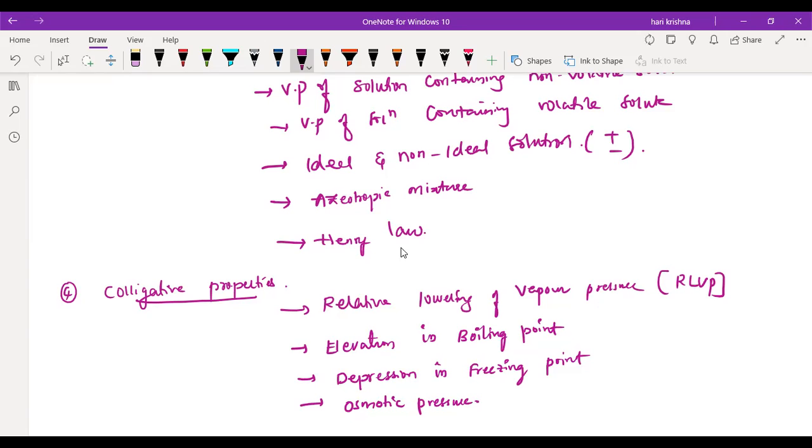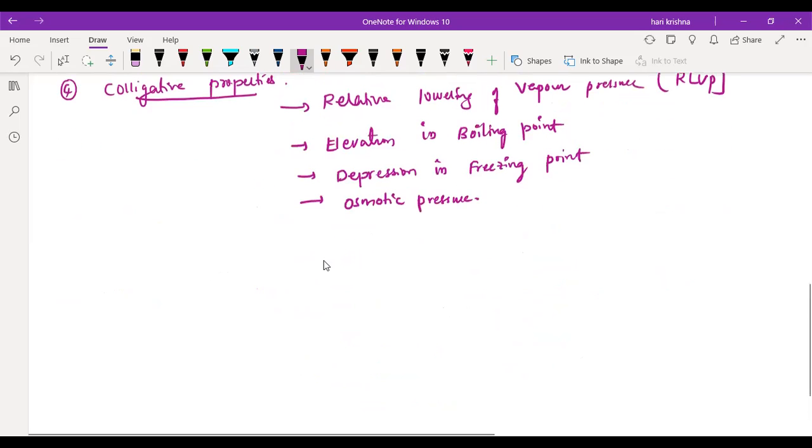So this is the section C. In this one we'll study again about isotonic, hypertonic, and hypotonic solutions.